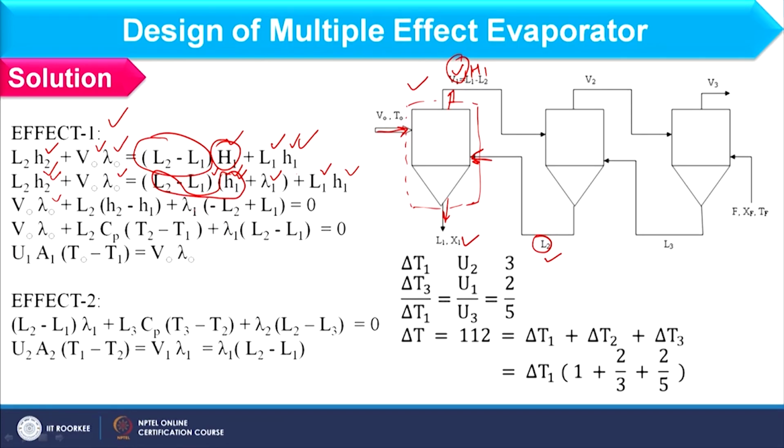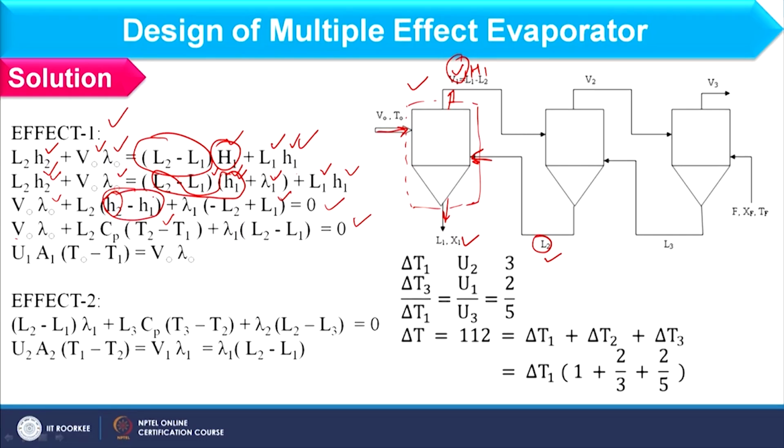Further, we will add another term, and that will be lambda 1. Lambda 1 basically includes L2 and L1 like minus L2 plus L1, and that should be equal to 0. Okay. Further conversion of enthalpy into Cp T, we can find this as enthalpy balance, that should be V naught lambda naught plus L2 Cp (T2 minus T1), right.